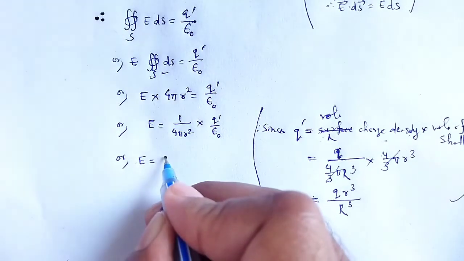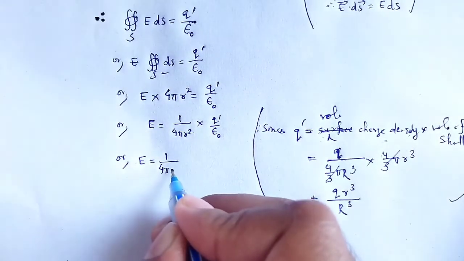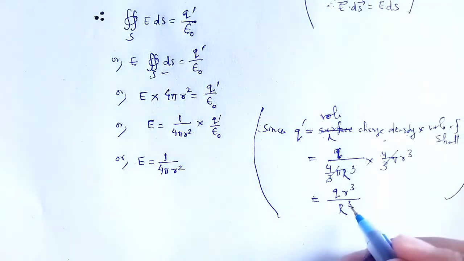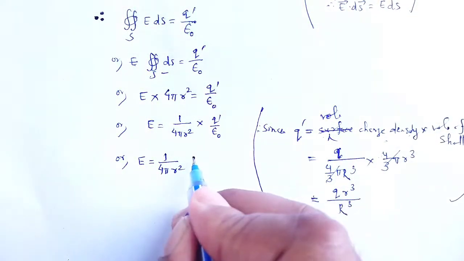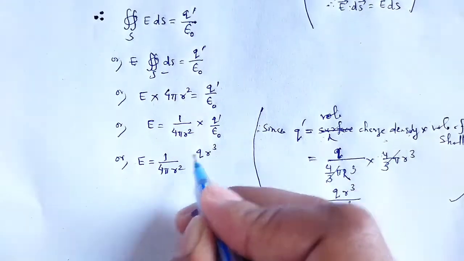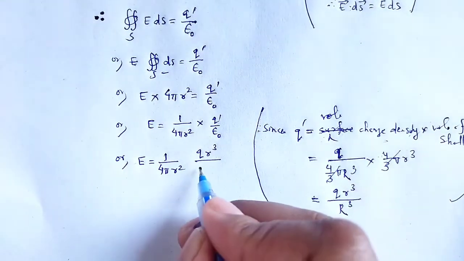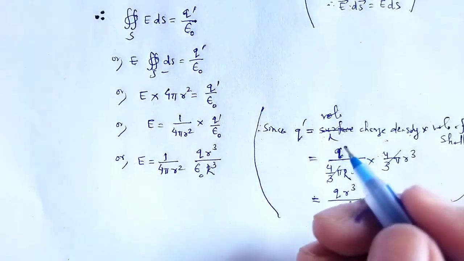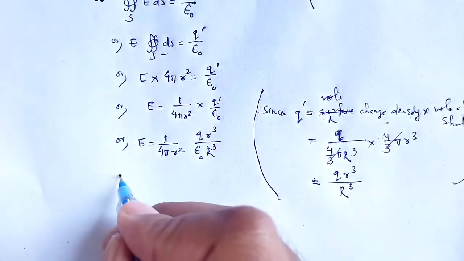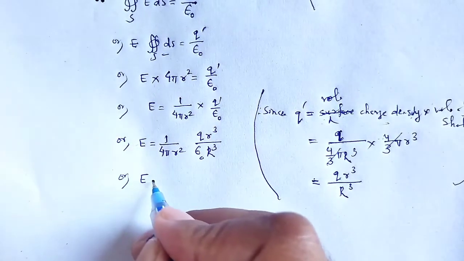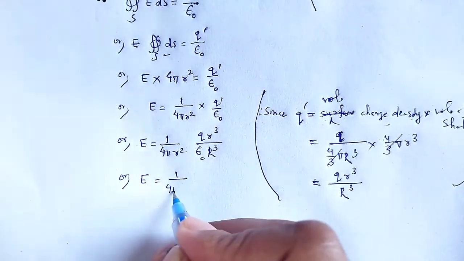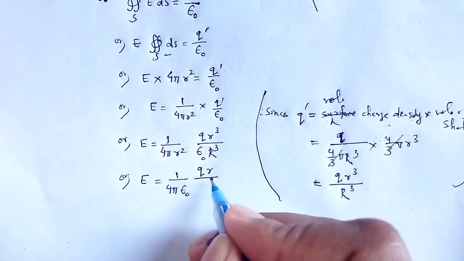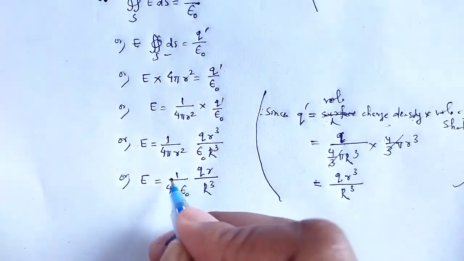So E is equal to 1 by 4 pi r square, in place of q dash we substitute Q r cube divided by epsilon naught R cube. Under simplification we have E is equal to 1 by 4 pi epsilon naught Q r divided by R cube.